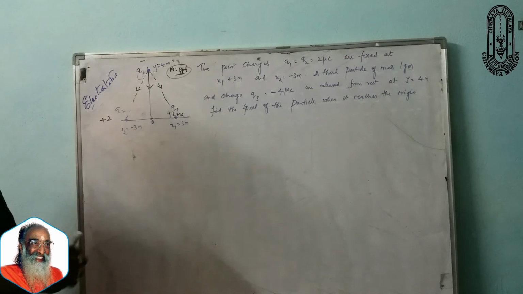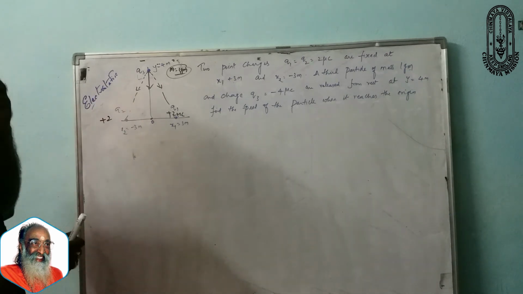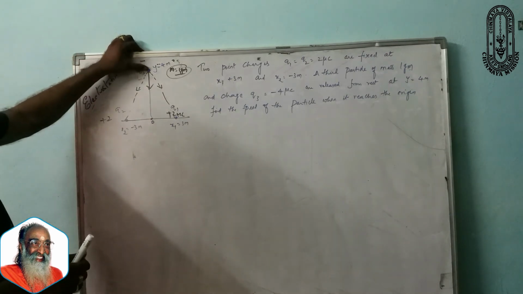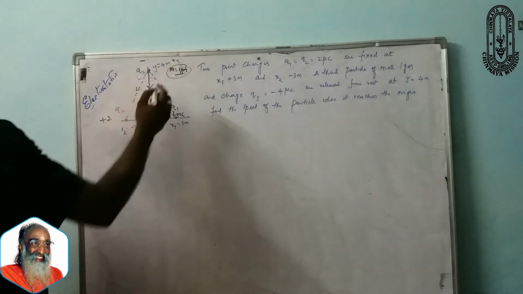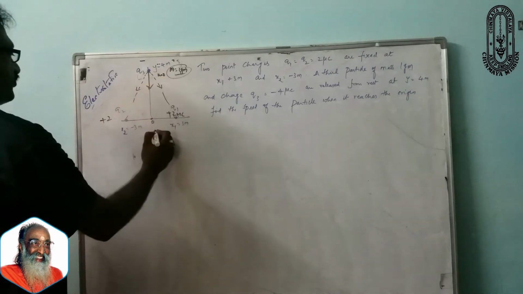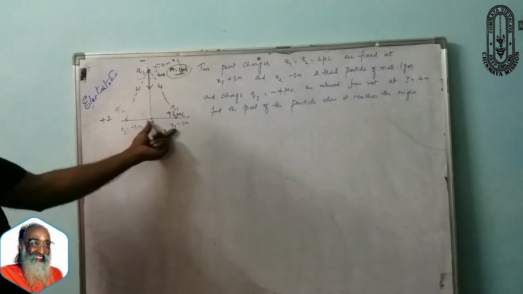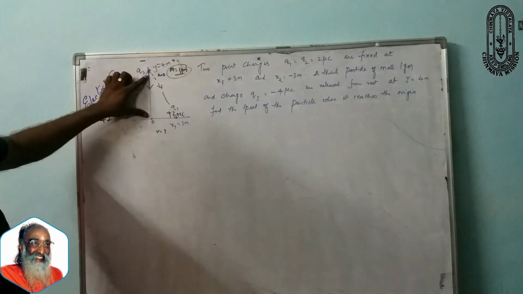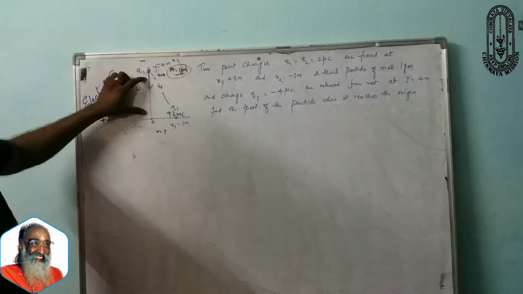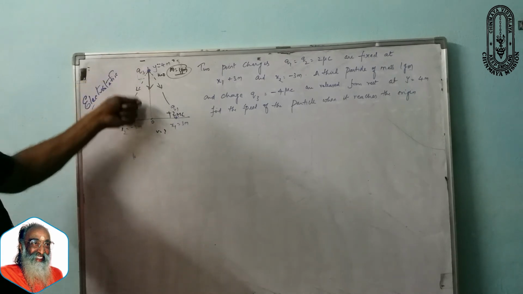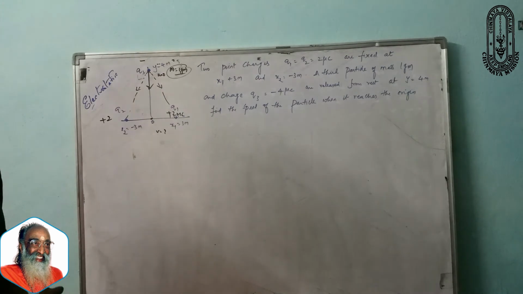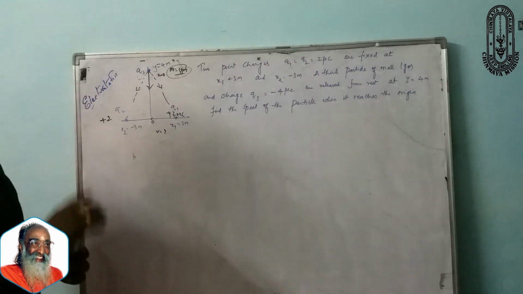So initially, we can go like this. Because we know it is at rest, you can take u is equal to 0, and we have to find v is equal to how much. This is 3 meter and this is 3 meter, and by finding this, 4 meter, you may think that this displacement is 4. And if you know the acceleration, you can apply any equation of motion.